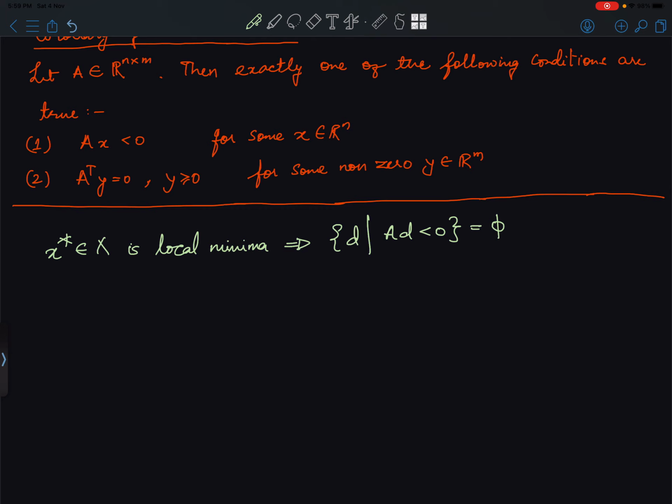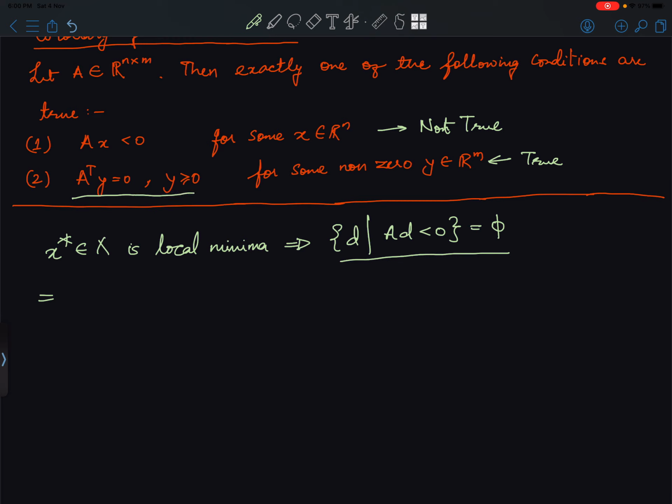So by Farkas lemma, since this condition is not true, because we know that the set of all d's where this condition is valid is a null set, obviously this other condition is true.